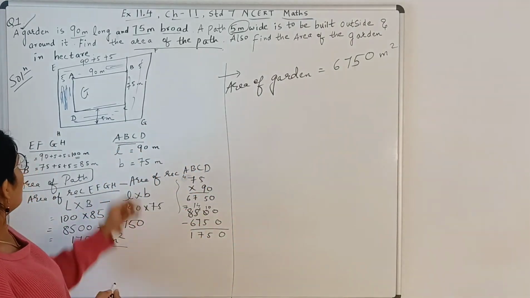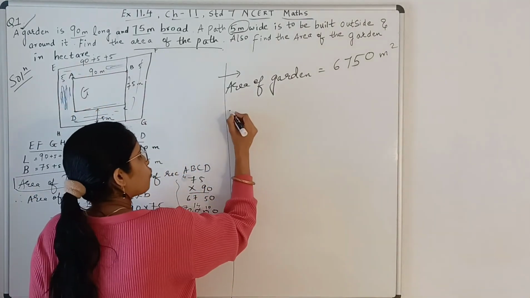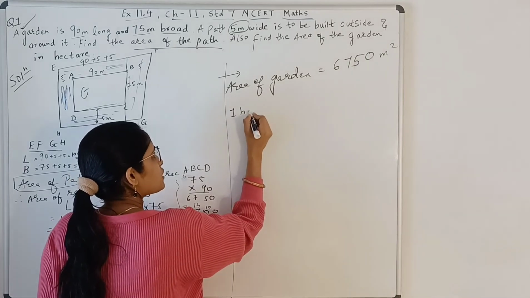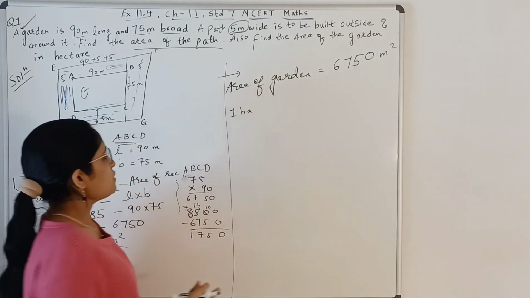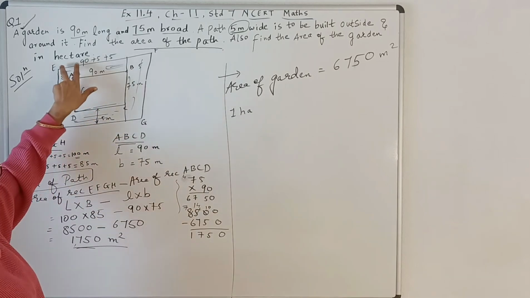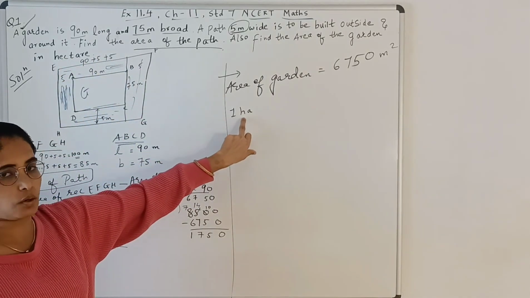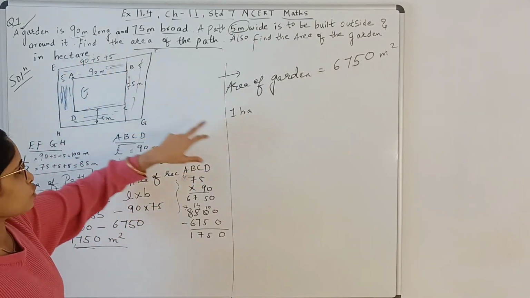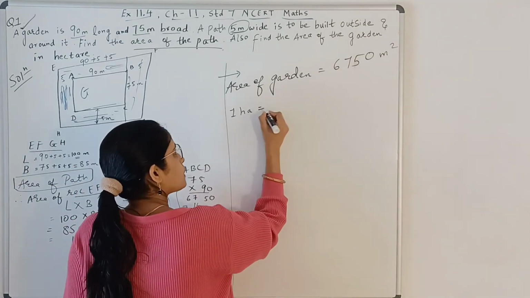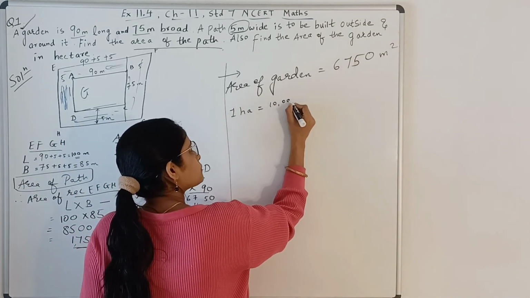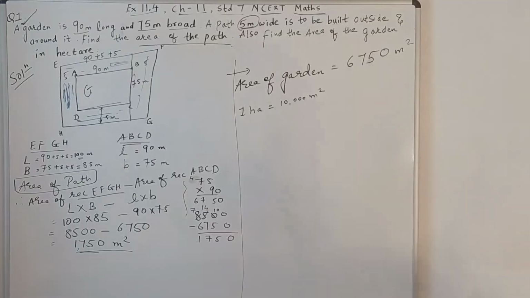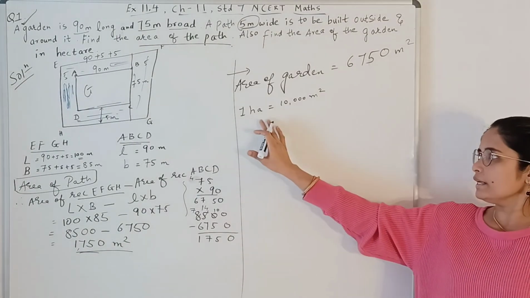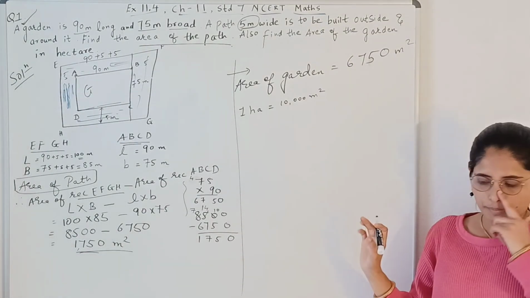So first of all, 1 hectare, HA. Okay. This is the symbol for hectare. How do we write hectare? Here its short form is HA. Okay. HA means hectare. So 1 hectare is equal to 10,000 meters square.